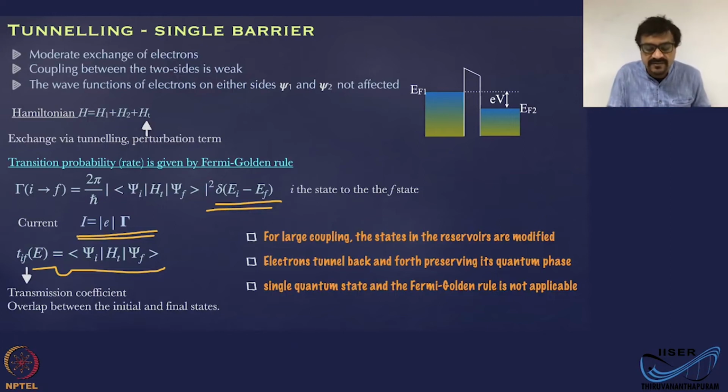In that case, we cannot really consider HT as a perturbation term, and Fermi's Golden Rule, or this formalism, is not applicable. So the situation that we work in is that the tunneling is weak and the states are relatively unaffected. Okay. Now this is the tunnel rate from one initial state to another final state on the other side of the tunnel barrier. Okay.